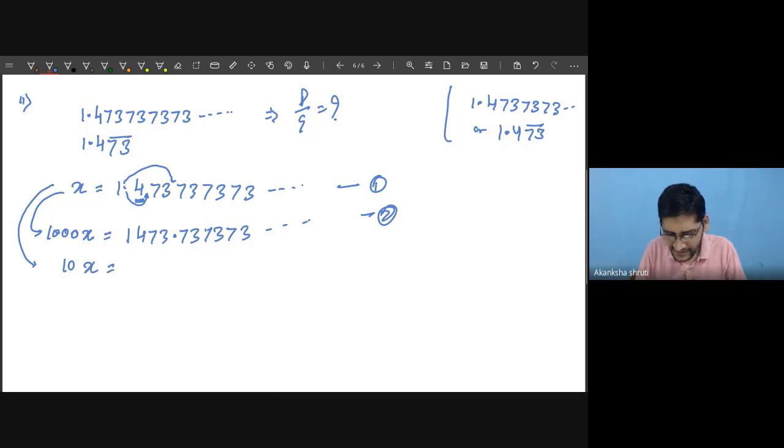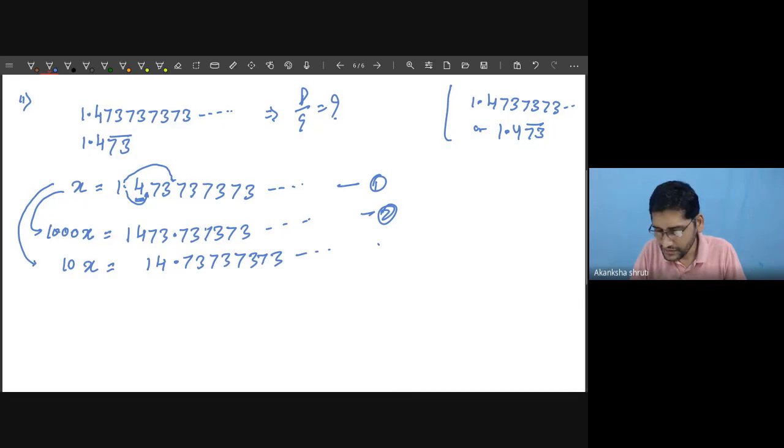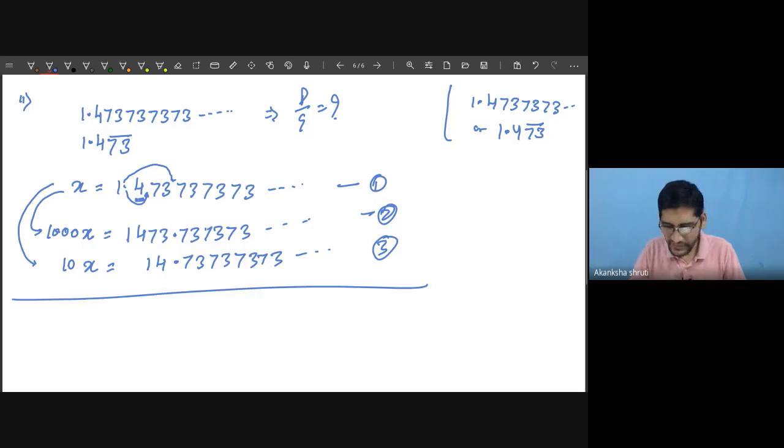So 10x is equal to how much? It will be 14, just one place, and 73 is still on the right hand side: 14.7373 and so on. Afterward, we need to subtract equation 2 from equation 1.